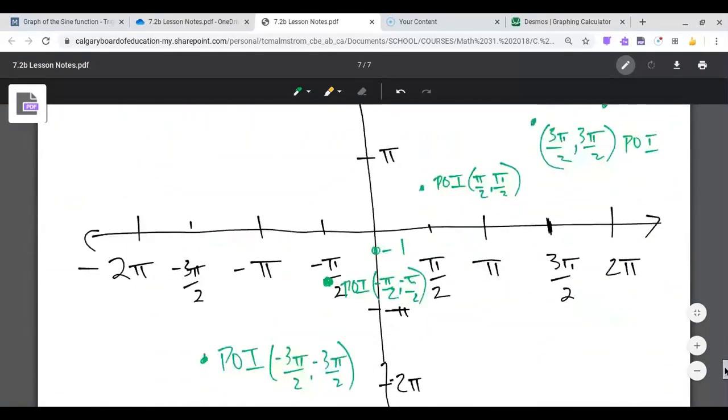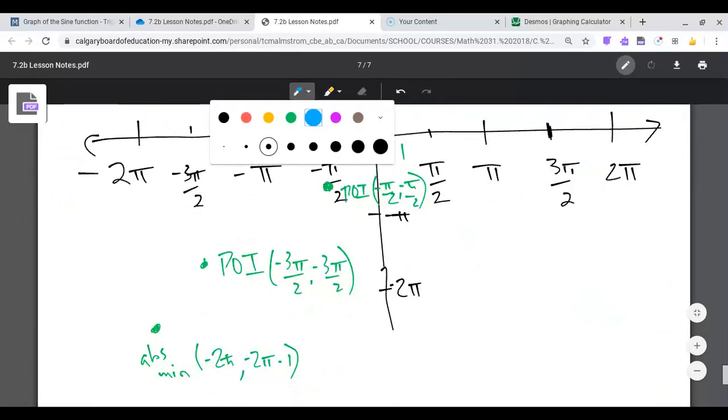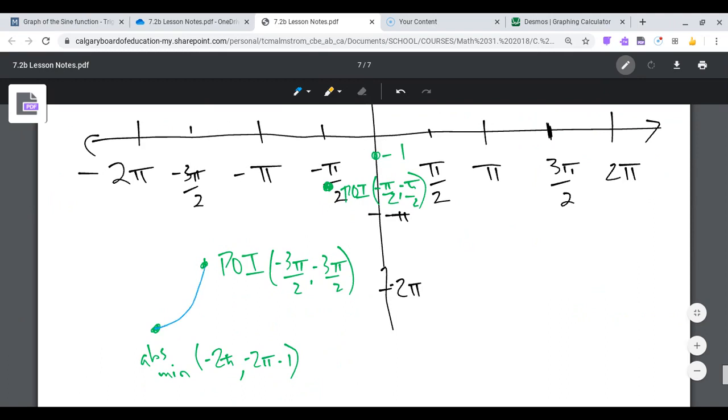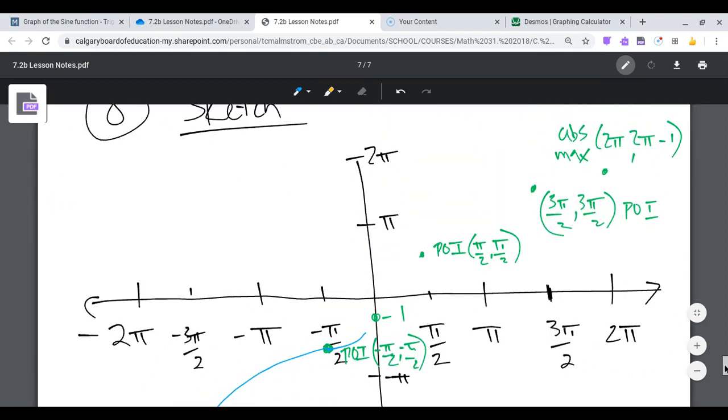So as we connect these points, we need to go concave up, concave down, concave up through the y-intercept. I have to find my next point. Through my y-intercept, concave up to the next point of inflection. Then we're concave down. Then we're concave up.